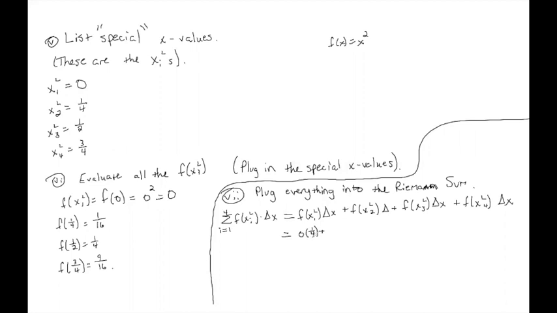Plus f of x2, which was 1/16 times 1/4, plus 1/4 times 1/4, plus, finally, 9/16 times 1/4. I can factor out a 1/4 here. I get 1/16 plus 1/4 plus 9/16.